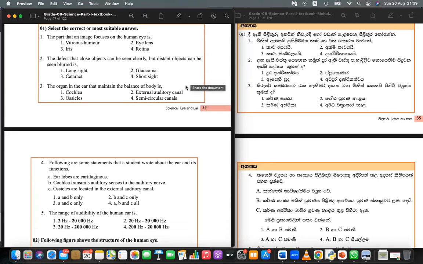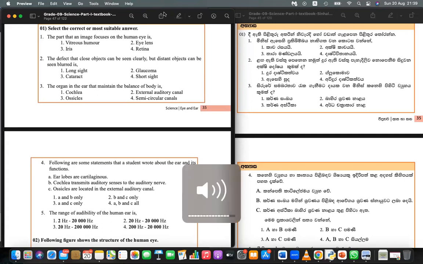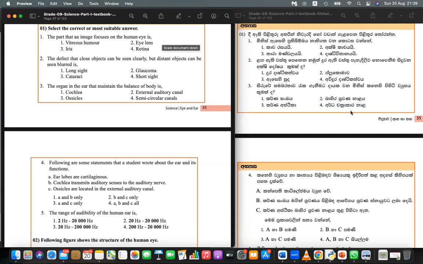What's the other name? Myopia. Correct. Then long sight, what is the name? Hypermetropia. That is long sight.